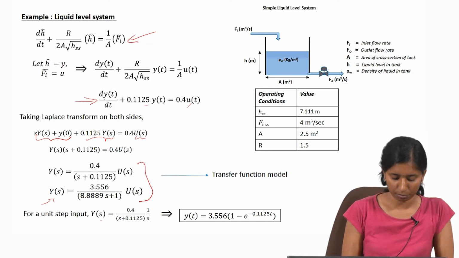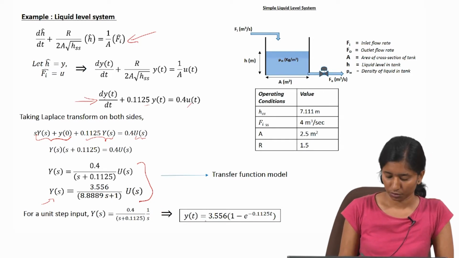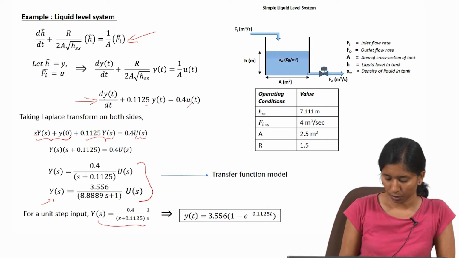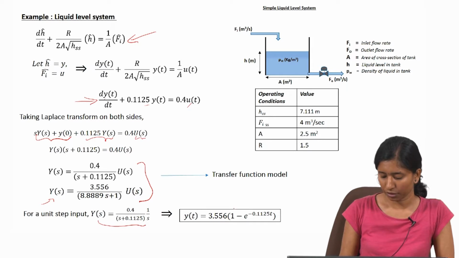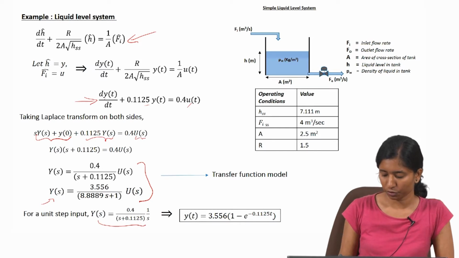For a unit step input, y of s is 0.4 by s plus 0.1125 times 1 by s. 1 by s is the Laplace transform of a unit step. So, using partial fraction expansion, the inverse Laplace transform of this expression is found to be y of t equal to 3.556 times 1 minus e raised to minus 0.1125 t.